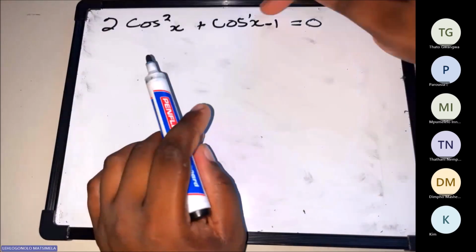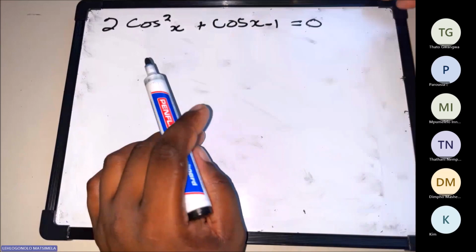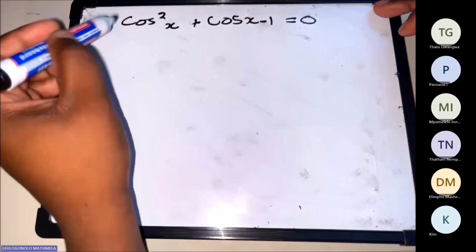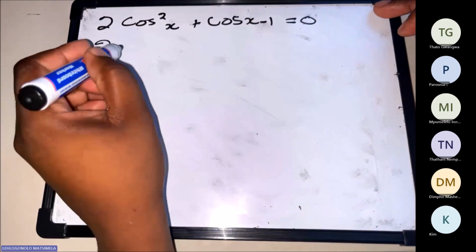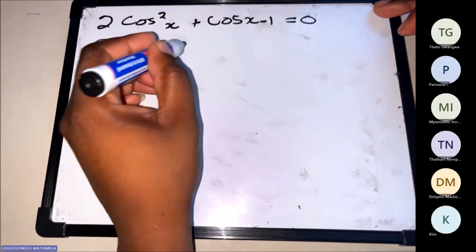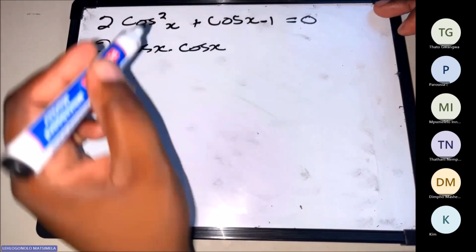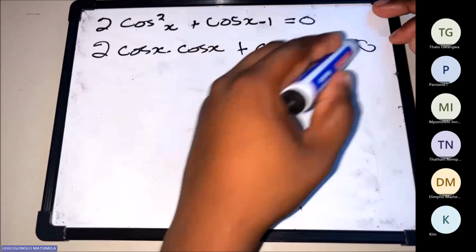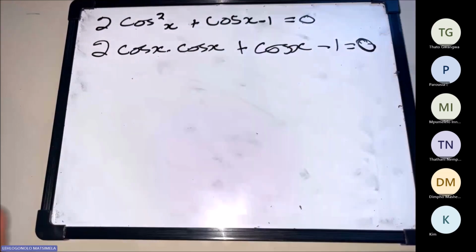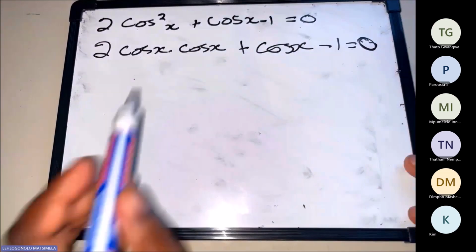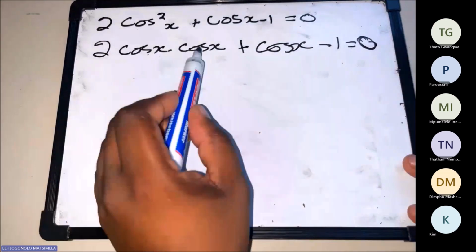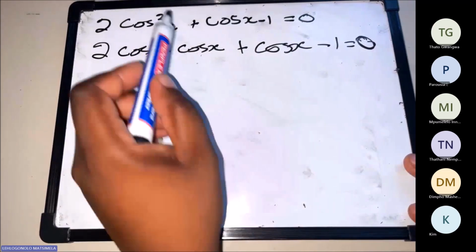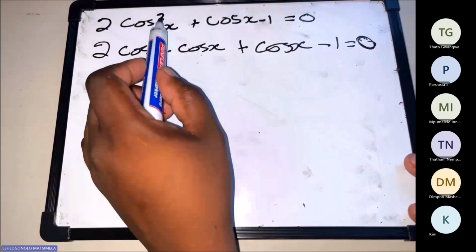So how do we do it? We used to know that cos squared x is cos x multiplied by cos x. So 2 multiplied by cos x multiplied by cos x plus cos x minus 1 equals 0. I'm just simplifying it for everyone to understand. Remember, when we multiply the powers of the same base, we add the exponents.